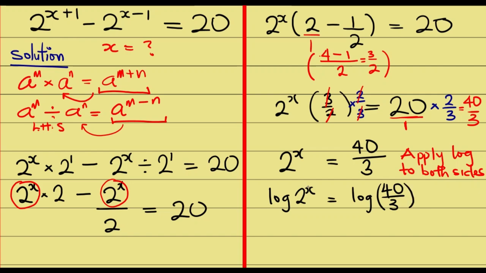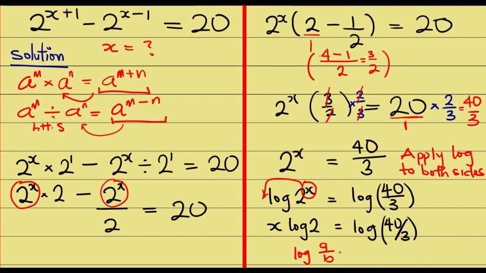According to the rule of logarithm, this power of x is going to come here. Then what am I going to have? x log of 2 equals log of 40 over 3. Put this in parentheses. Now, to this right hand side, we're going to apply a certain logarithm rule. The rule says, well, we have log of a divided by b.